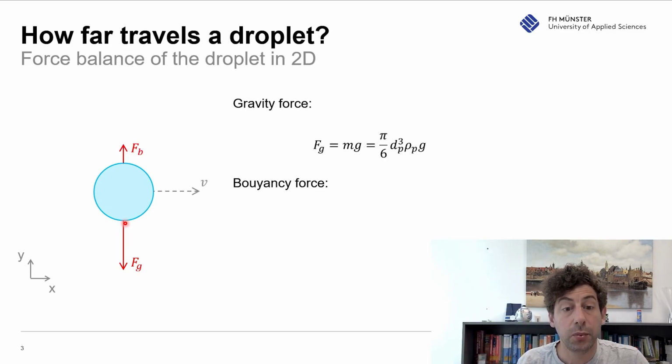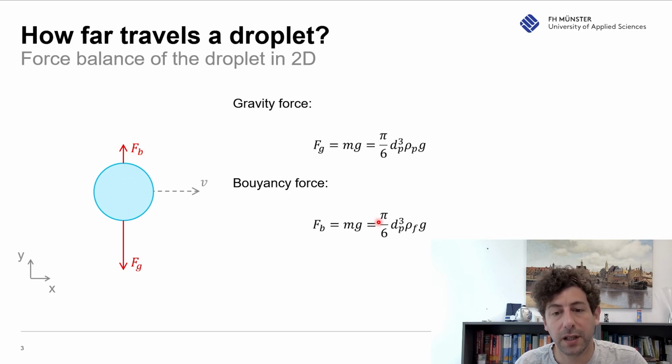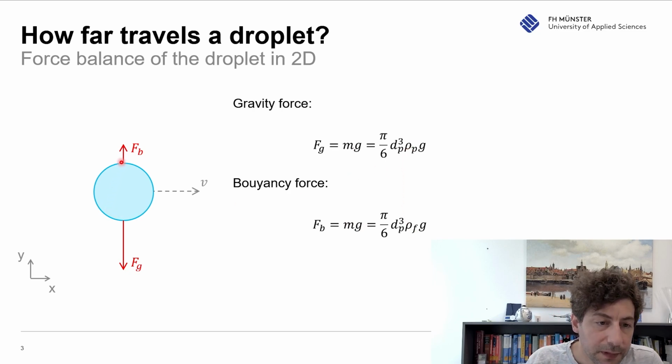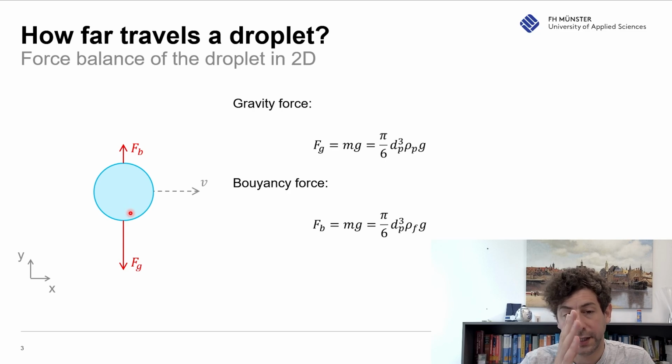And then we have the buoyancy force, right? The buoyancy force is the counter force to the gravity force, and therefore the equation is the same. The only difference is the density of the fluid and not the density of the particle. And similar to gravity, buoyancy acts only in y direction because it's the counter force to gravity.